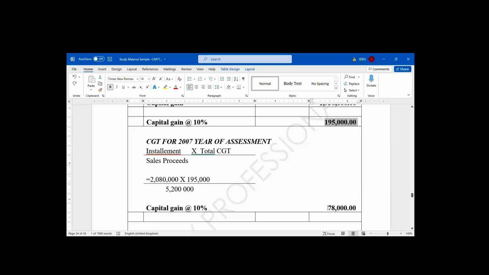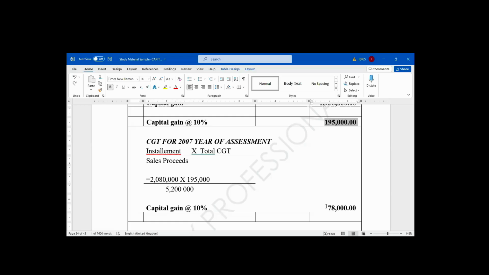Sir, based on this formula, the 2,080,000 is a deposit payment, not an installment. Yes, we use it to represent the installment in 2007.